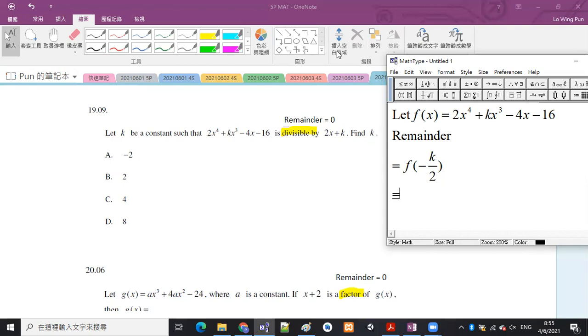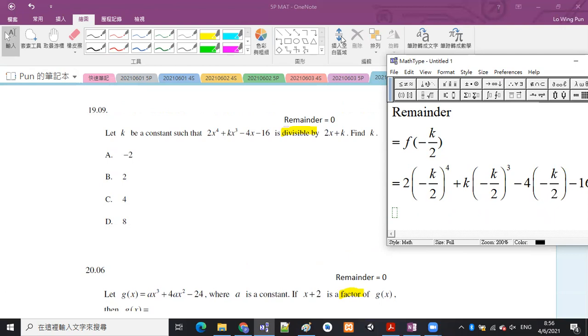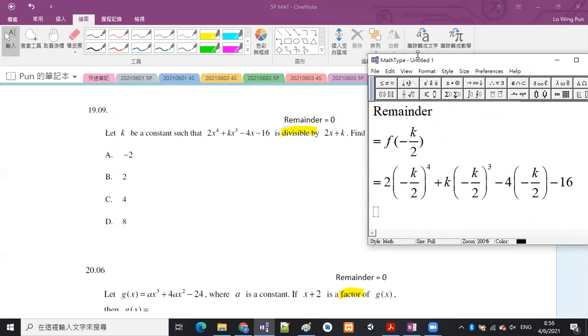Okay, so every x in the formula will be changed to negative k over 2 here. Like this. And then just do it very carefully.